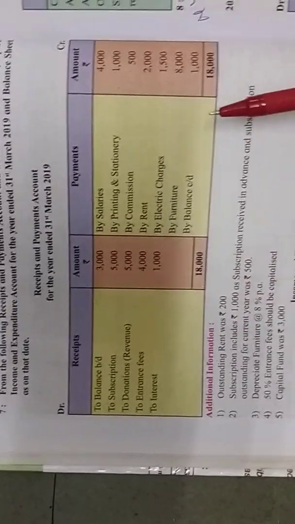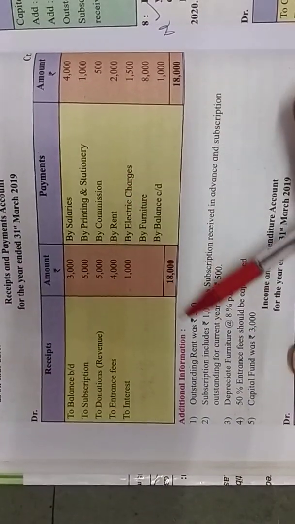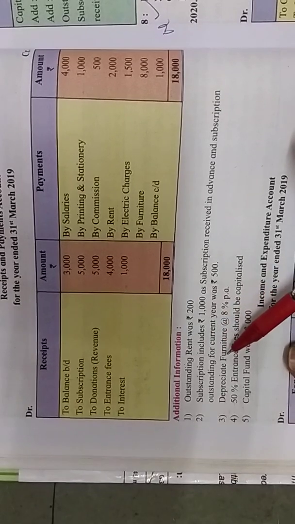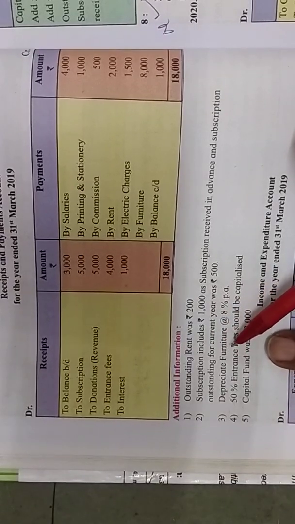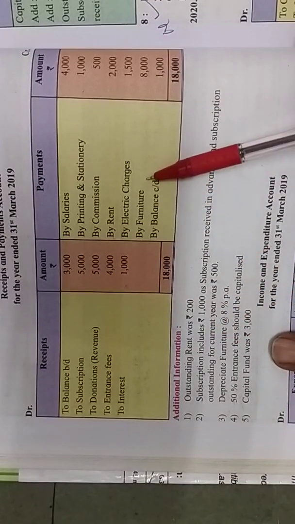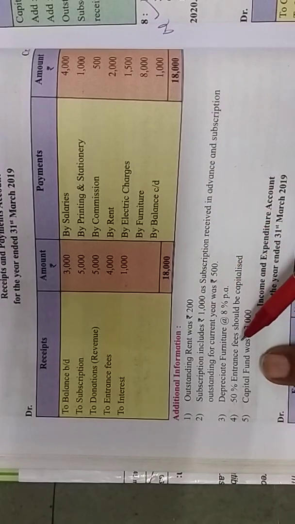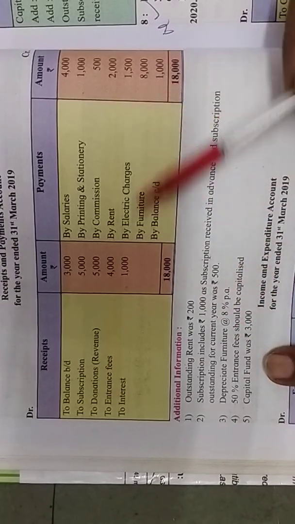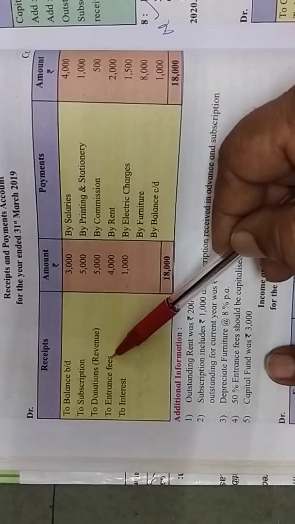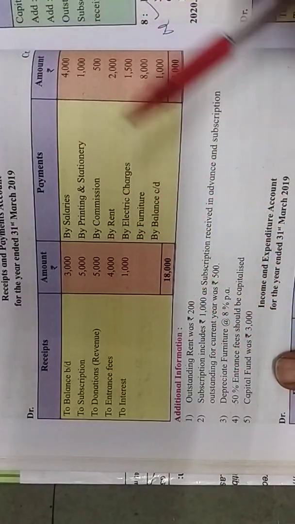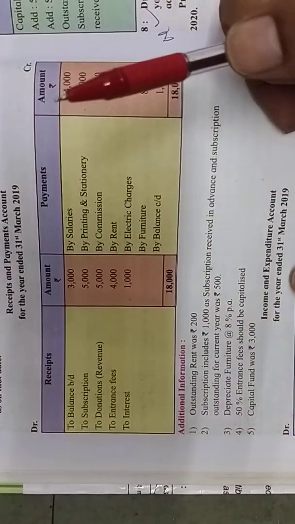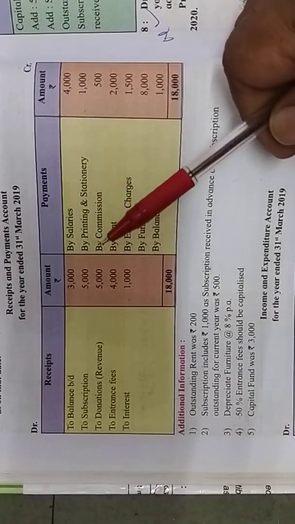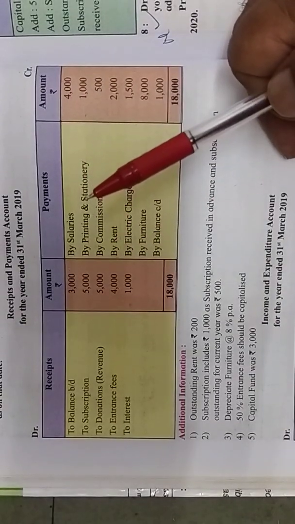Adjustments: number 1, rent; then subscription; then furniture depreciation; number 4, entrance fees; and last, the capital part. We have to prepare the income and expenditure account and balance sheet in this problem.